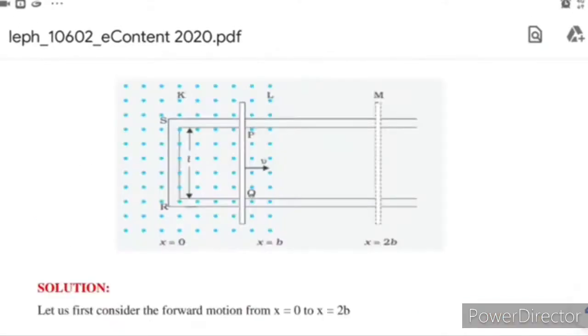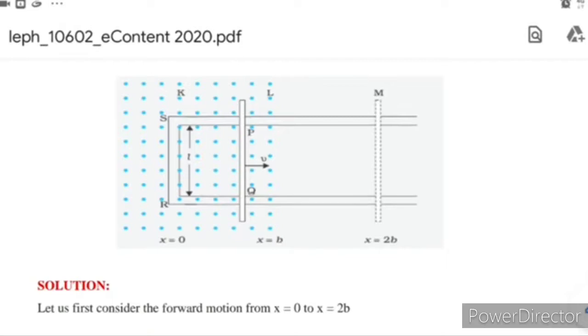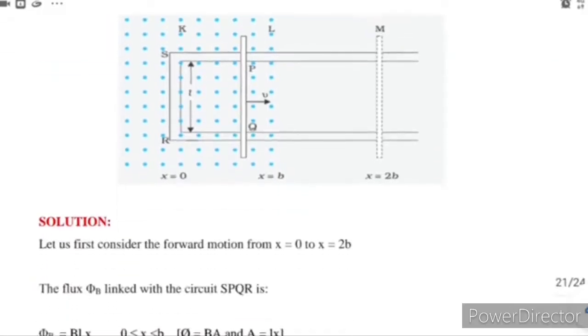So when we think about the backward motion, that means when the conductor is moved from x equal to 2b to b, as we stated now, there is no change in magnetic field linked with the rectangular framework, and hence the expression for magnetic flux remains the same as BLb.